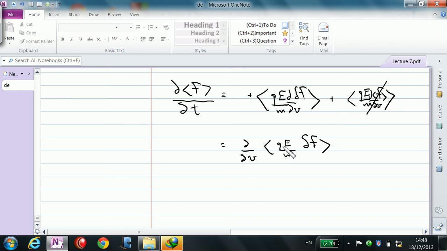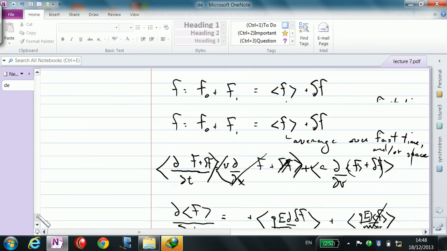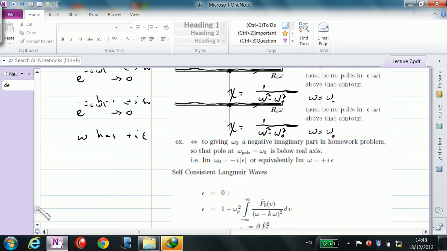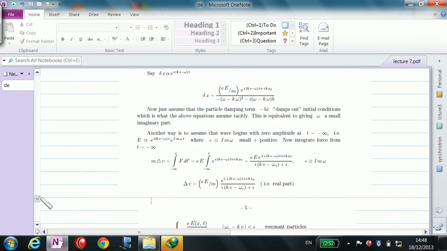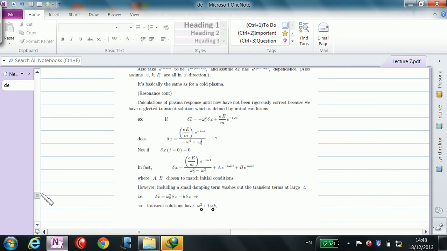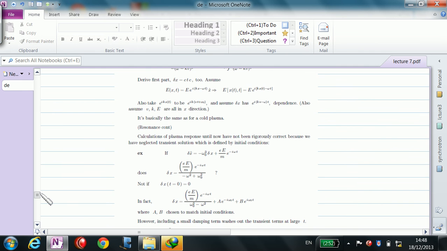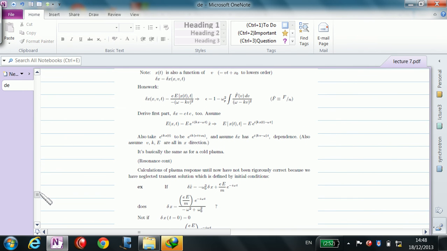Delta F has no dependency on time and space. Yes, it does. You said... No, I didn't. I never said that. I said the unperturbed part of F has no dependence in time or space.